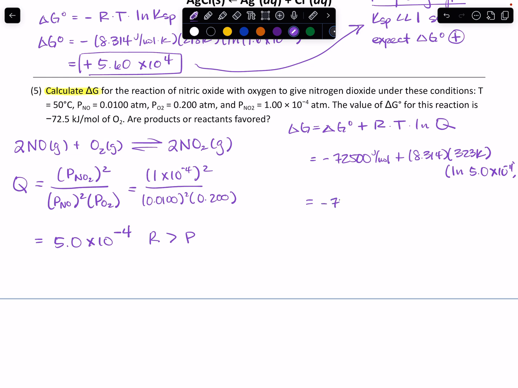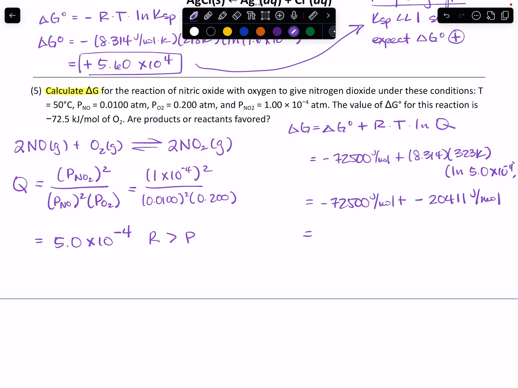All right, so let's see what we get here. We have negative 72500 joules per mole. And on this side, we have the natural log of 5 to the negative fourth times 323 times 8.314. So we get negative 20411, and this is in joules per mole.